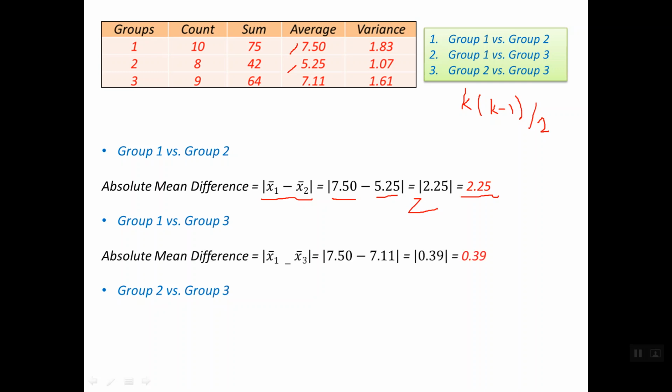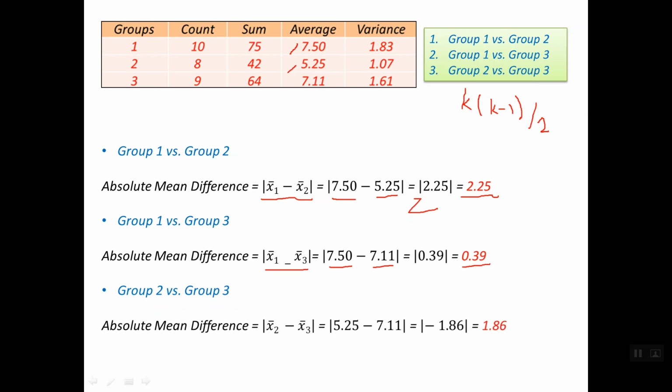Regarding the second pair, between group 1 and 3, it is the absolute value of x1 bar minus x3 bar. This is the mean for the first group, and this is the mean for the third group. So the result will be 0.39. For the last one, which is the difference between the means for group 2 and group 3, for group 2 the mean is 5.25, while for group 3 it is 7.11.